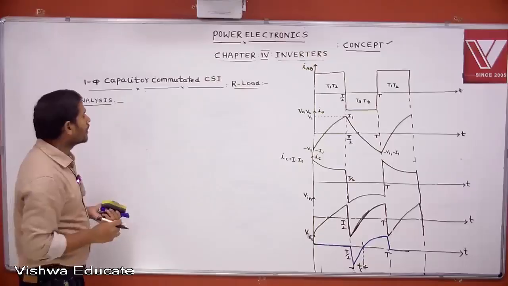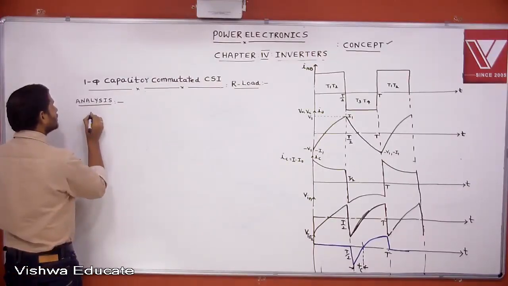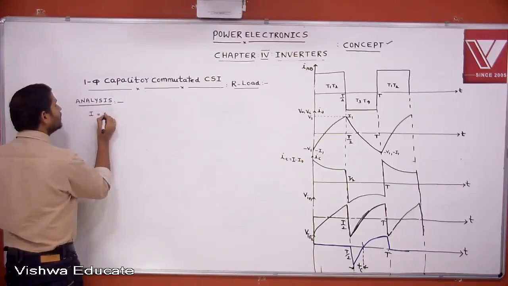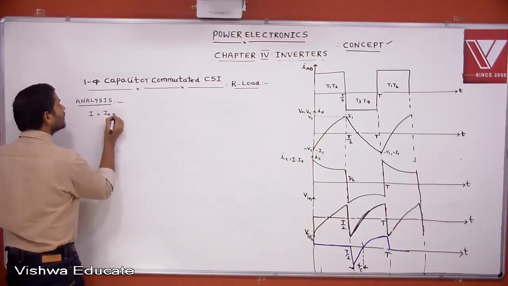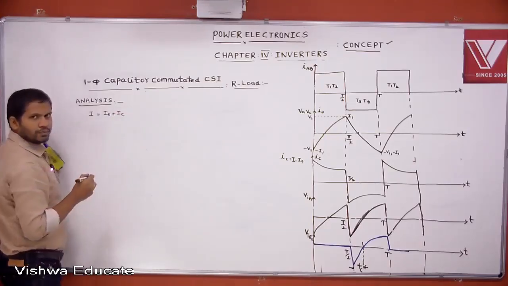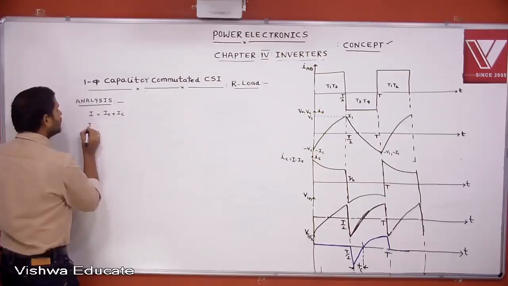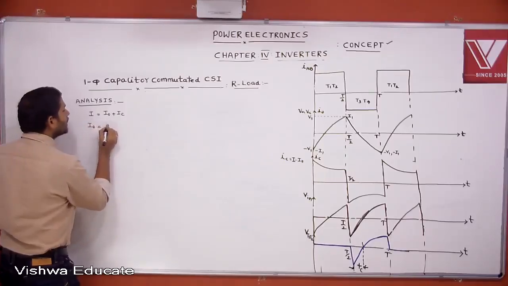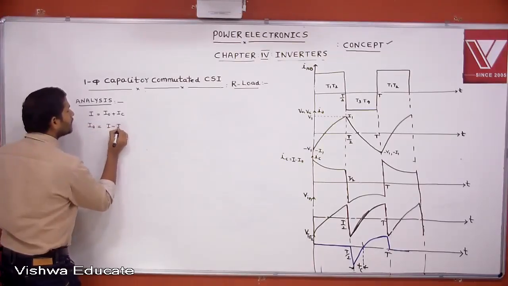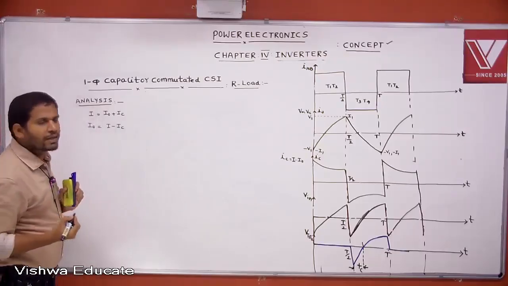Listen please. We know from the circuit, I equal to I naught plus IC. From this, I naught equal to I minus IC.